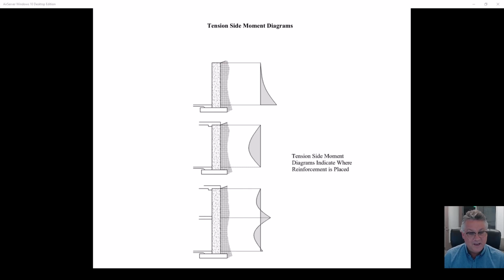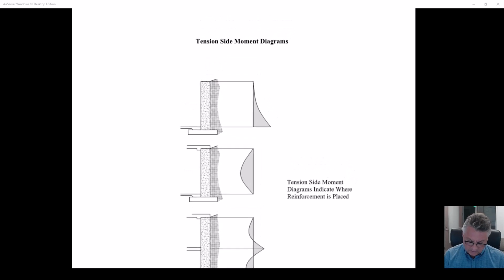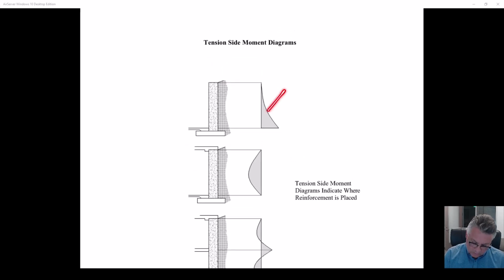That is actually one of the most common young engineer things to do. Do all the calculations correct and then create a sketch for the draftsman which puts the reinforcement on the wrong side. If you will draw your moment diagrams, as I have, to the tension side, you will always know that is the side where the reinforcement goes.